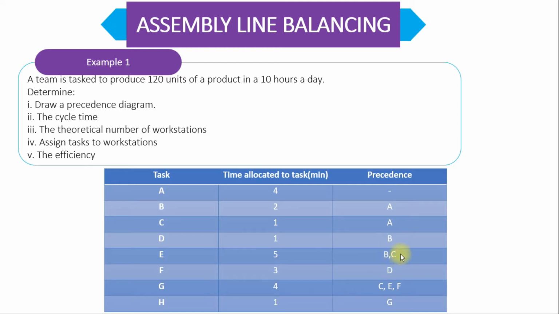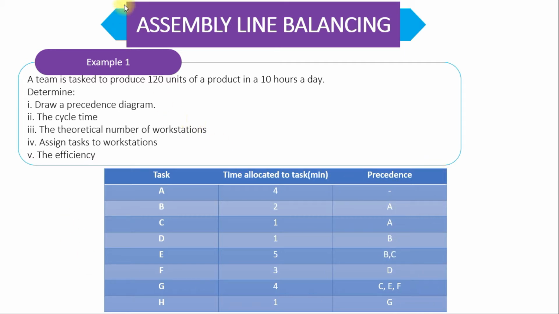We have to finish these two tasks before we can do E. In that order, we get to H, where the chain has to be performed before we can perform H. Very important. So we have the task table over here.